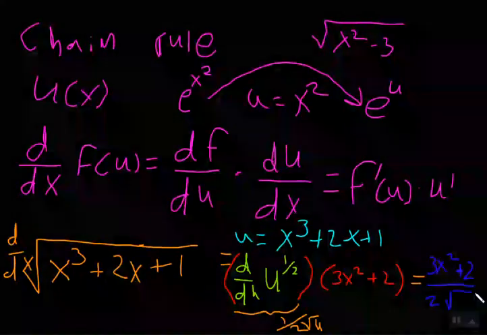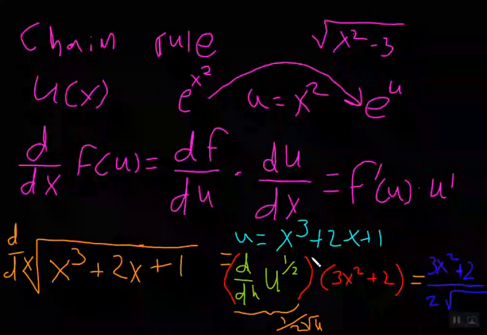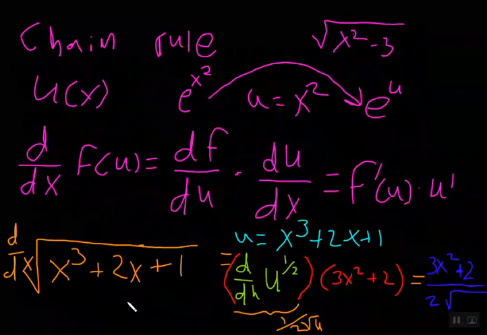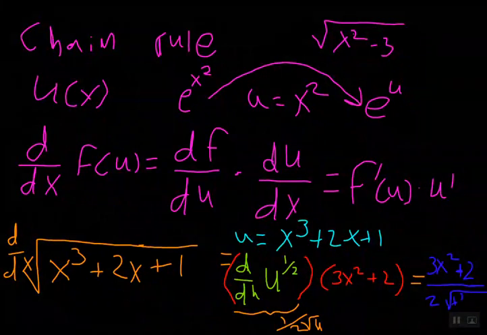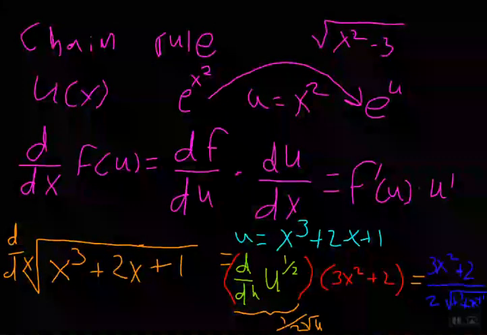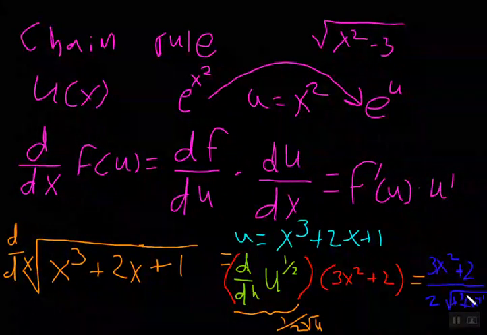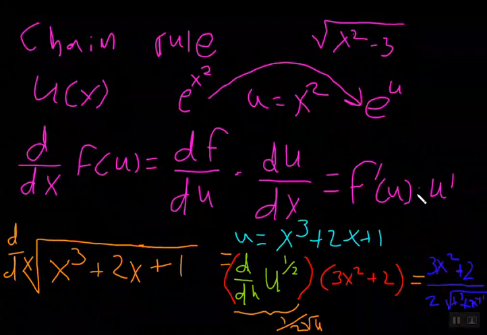But what is u? u is x cubed plus 2x plus 1. So I put the function back in, and I get x cubed plus 2x plus 1. I know I ran out of room there, but hopefully you know what I'm saying here.